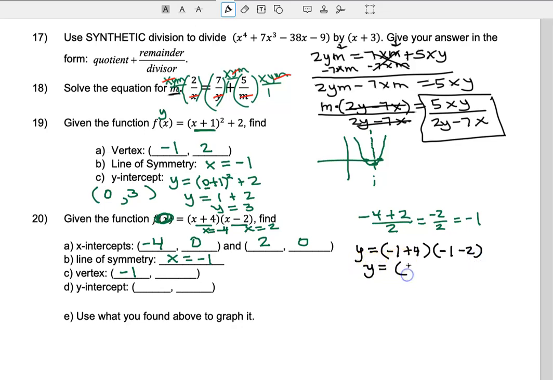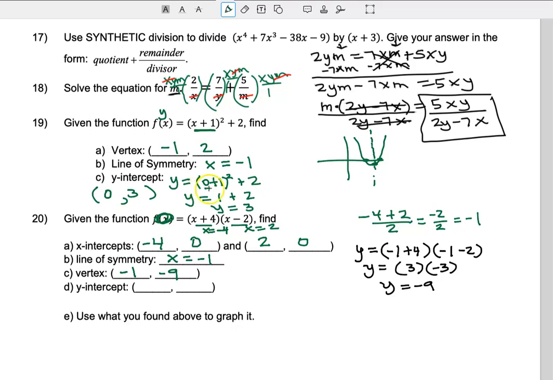So let's simplify this. That's 3. Here we've got -3, so y equals -9. So when x is -1, y is -9. That is my vertex.